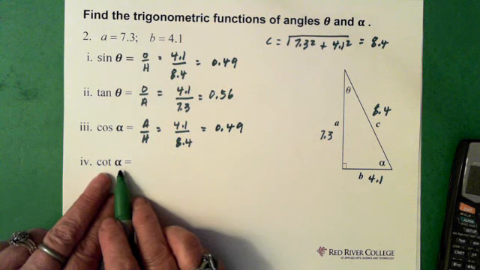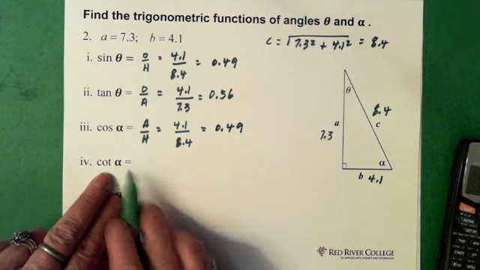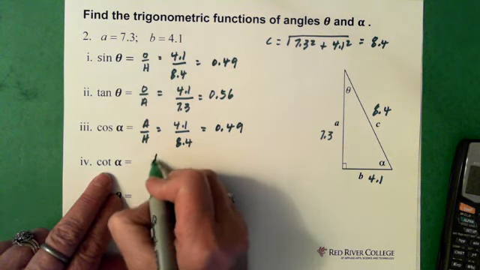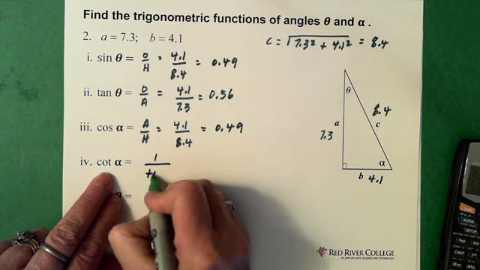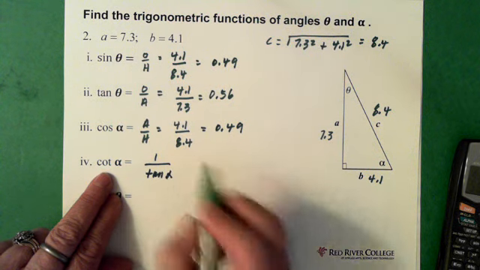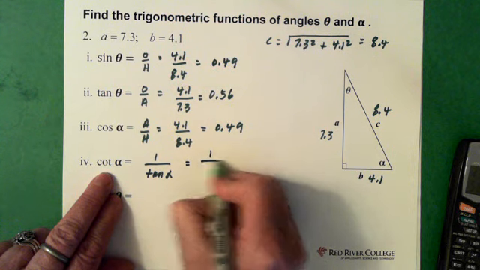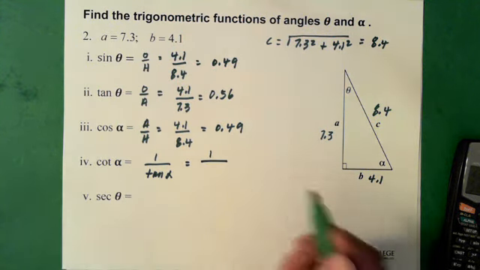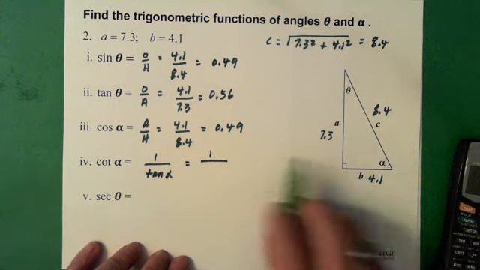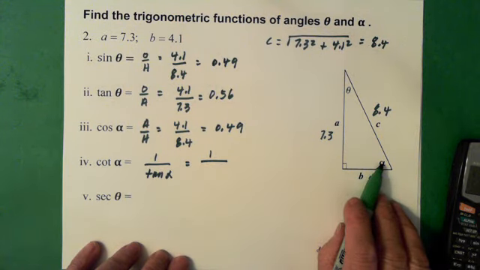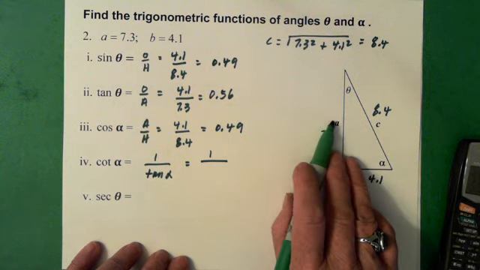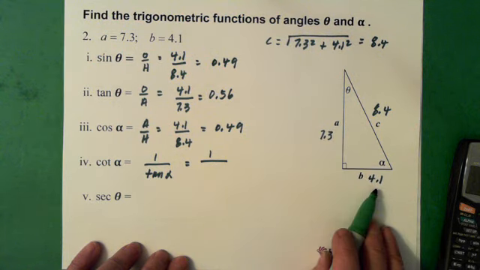The cotangent of alpha is 1 over the tan of alpha. So we have 1 over the tan of alpha. There's alpha. So the tan of alpha is opposite over adjacent.